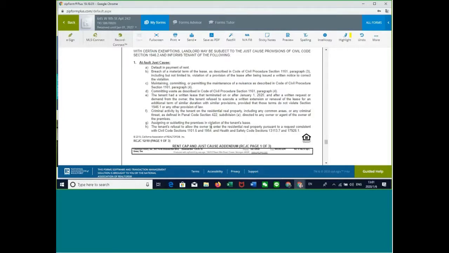So question, if the landlord wants to sell the property, is it a legal excuse to evict? No, you can sell the property, but the new owner would have to inherit the tenant. Okay. So what if you are the landlord, and you want to evict the tenant, and putting the house on the market is one legal excuse?